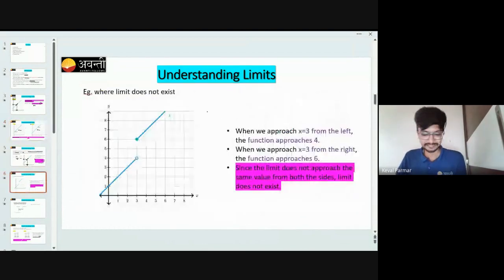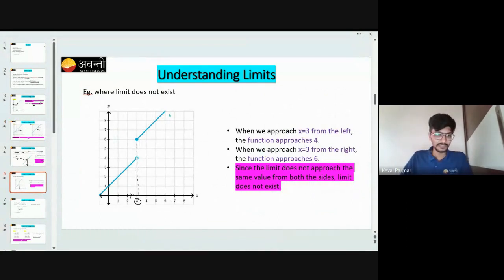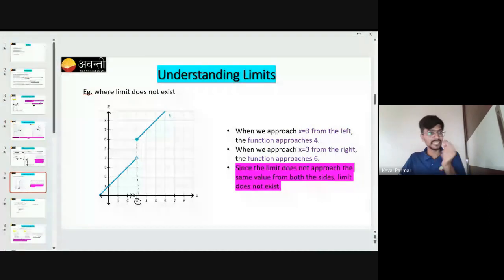So here's a simple example where I calculate the limit of the function at 3. This is the graph of the function, the blue line. As I move towards 3 from the left hand side, the graph approaches 4.